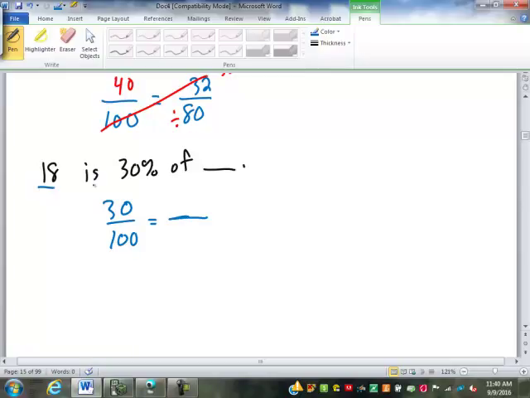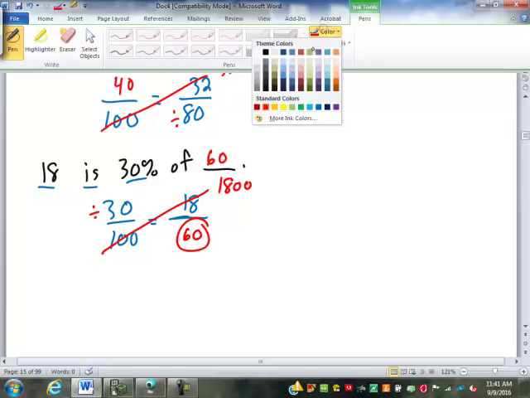If we read this, 18 is 30%. So the 18 goes with the 30. Our missing number is on bottom this time. So we'll cross multiply 100 times 18, 1800, and divide by 30 is 60. So 18 is 30% of 60.